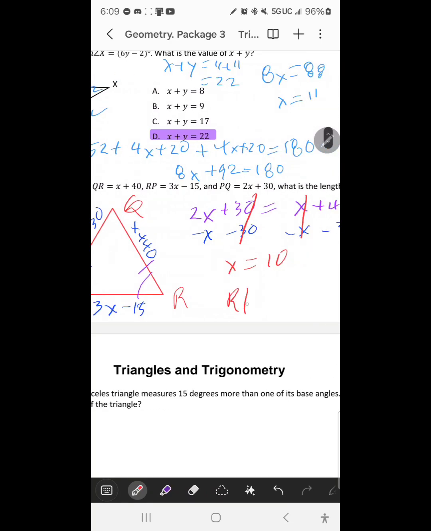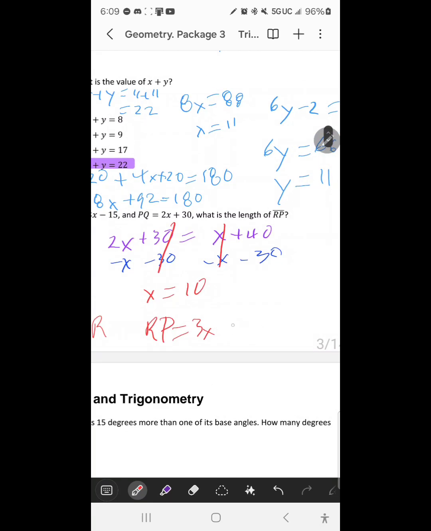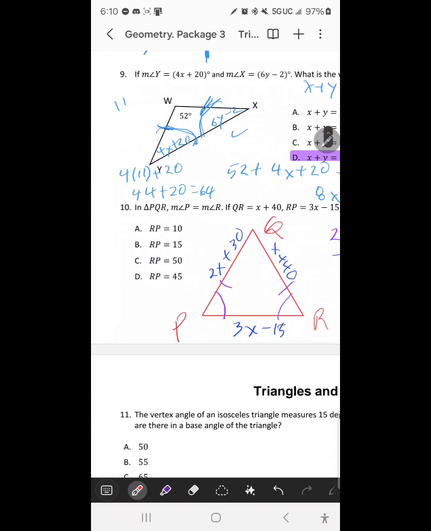So I have that RP is equal to 3x minus 15. So we substitute x by 10, and we get 3 times 10 minus 15. 3 times 10 is 30. 30 minus 15 is 15, and that's the value of RP.